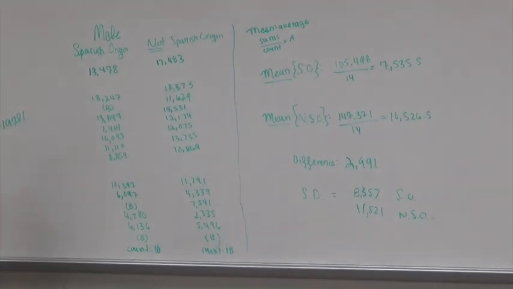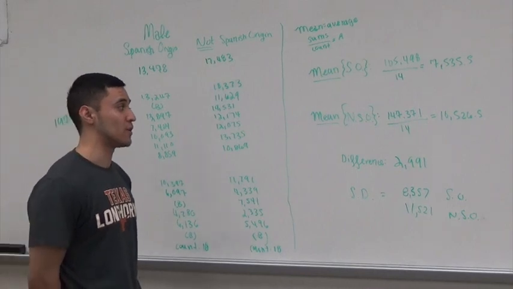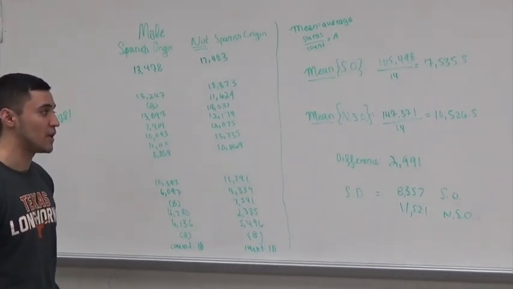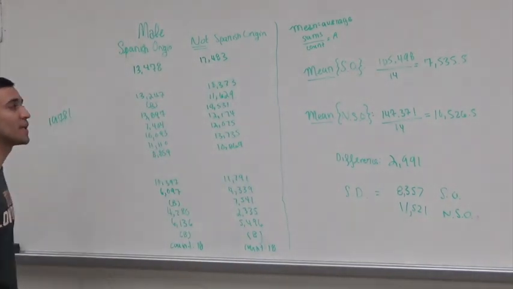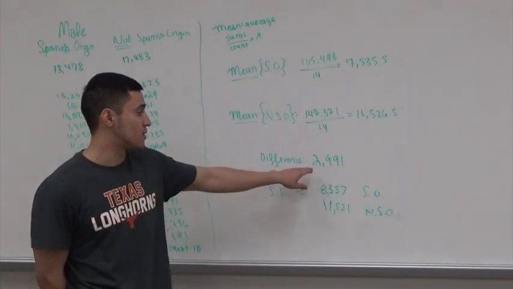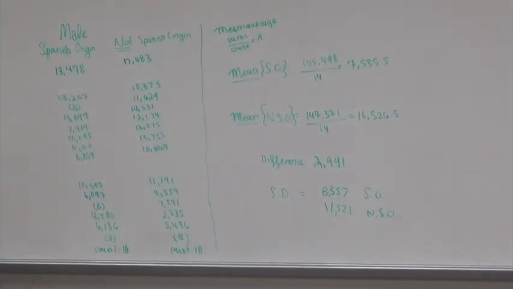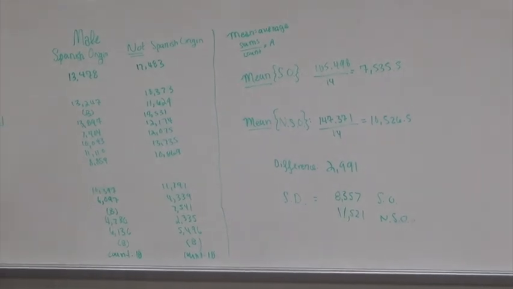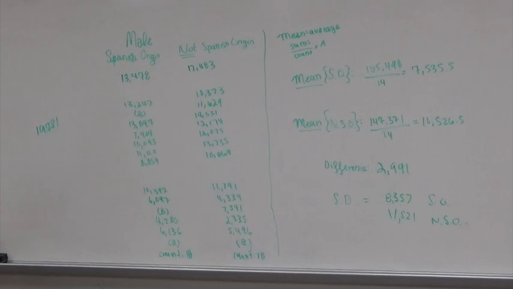The mean for that will be the sum, which is $147,371 divided by the count, which is 14, which gives us $10,526. Now here we can actually see the difference when we subtract the two values. We see that the difference is $2,991. So we see that there is a difference in this data margin for the male Spanish origin workers and the not Spanish origin workers.